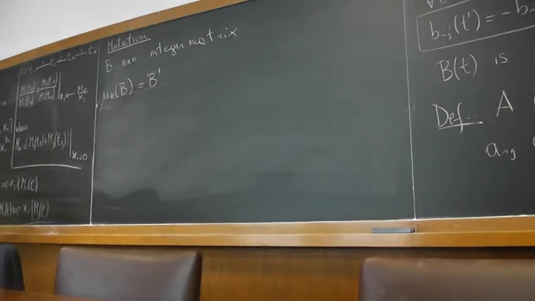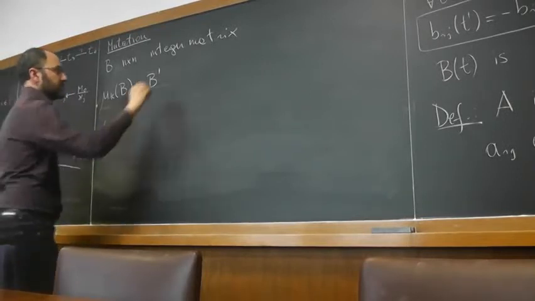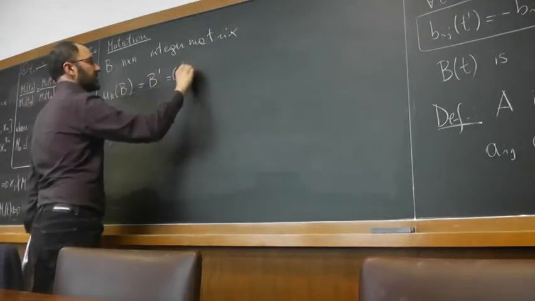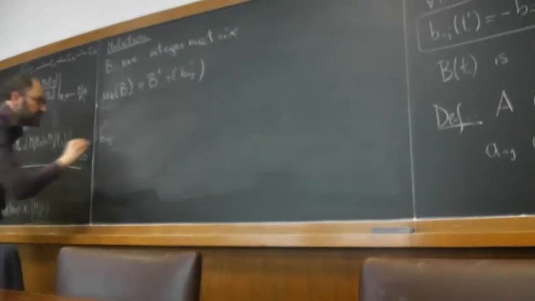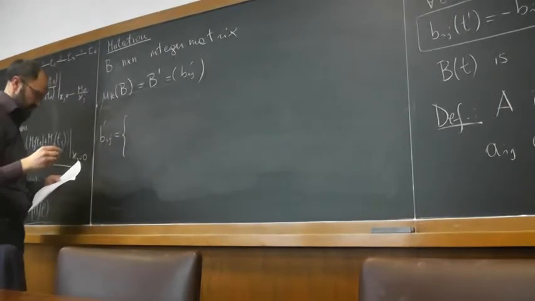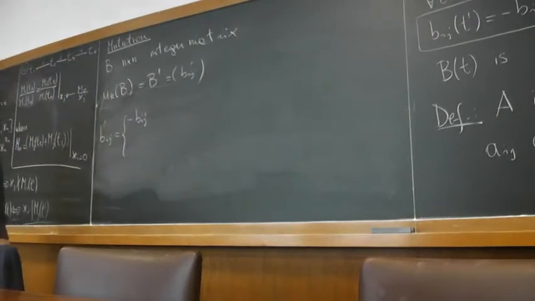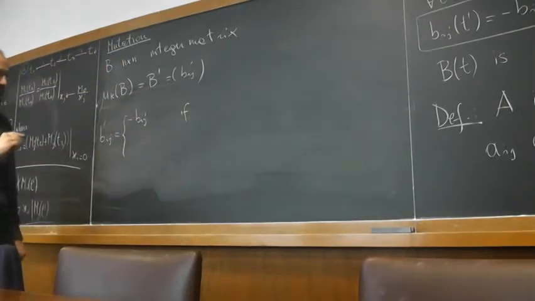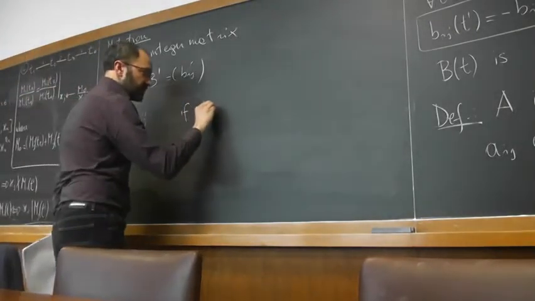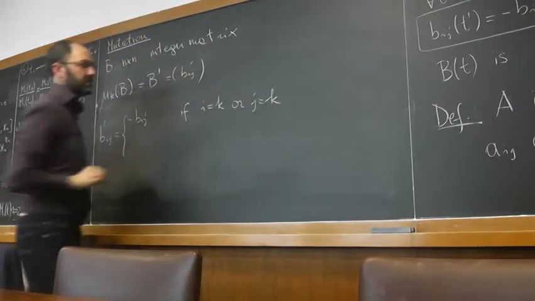The coefficients of B prime are given by the following formula. So B prime ij is minus Bij if one of the two indices is k, so if i equals k or j equals k.